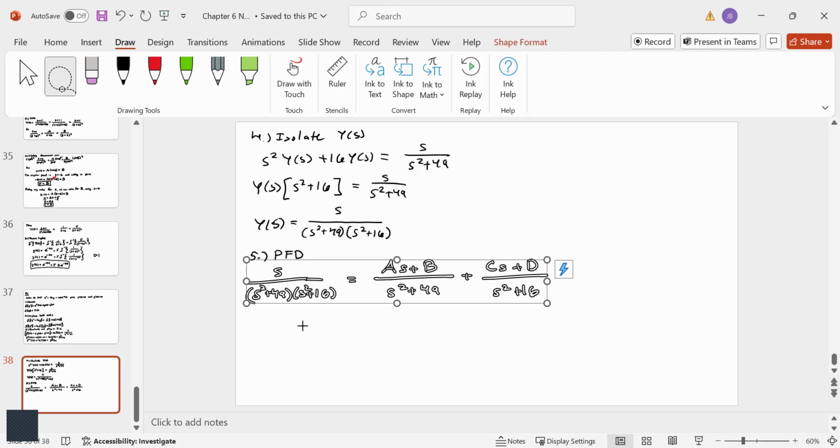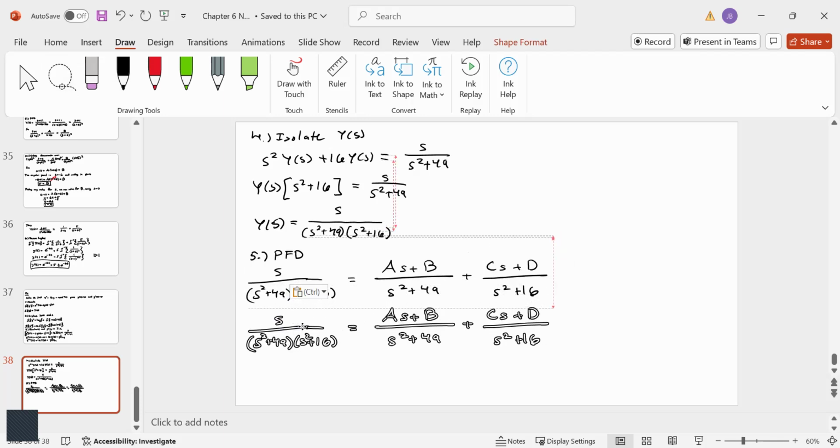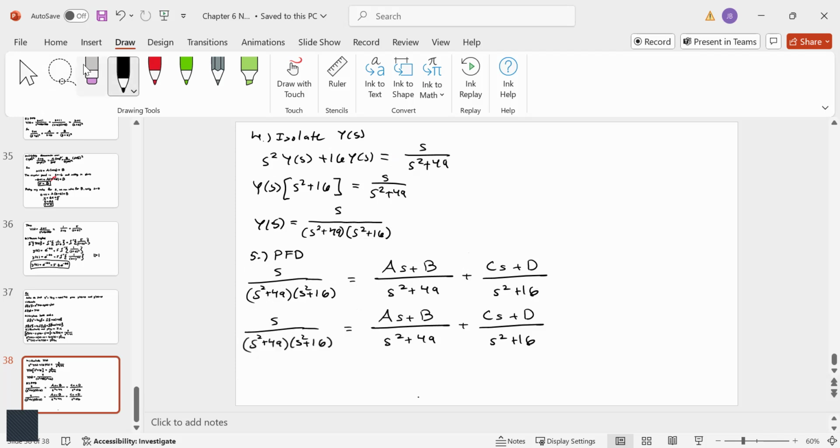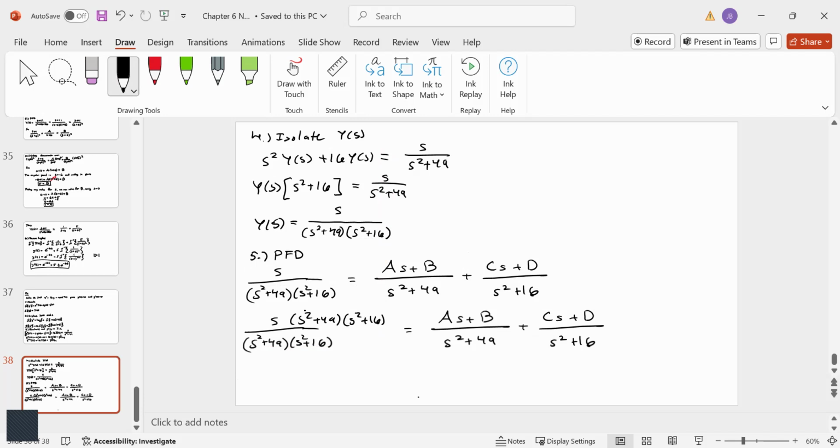So let's copy and paste it, and then give ourselves some space right here. In practice, you shouldn't have to write all this out, but for learning, why not? Put everything in parentheses: s squared plus 49, s squared plus 16, if I can fit that in there.